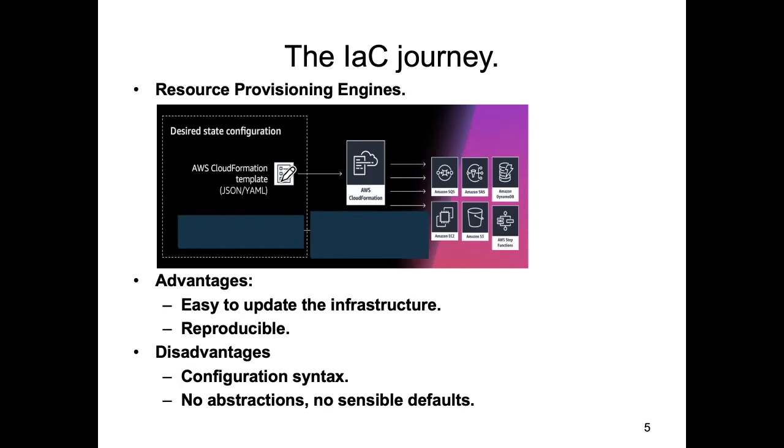Everything had to be specified. Every particular configuration setting for whichever resources you required, you had to be specific about each one of them. There were no default values, or there were no high level abstractions that you could use, which is typical in programming. All of programming involves using abstractions, but we didn't really have that in this resource provisioning engine kind of world.